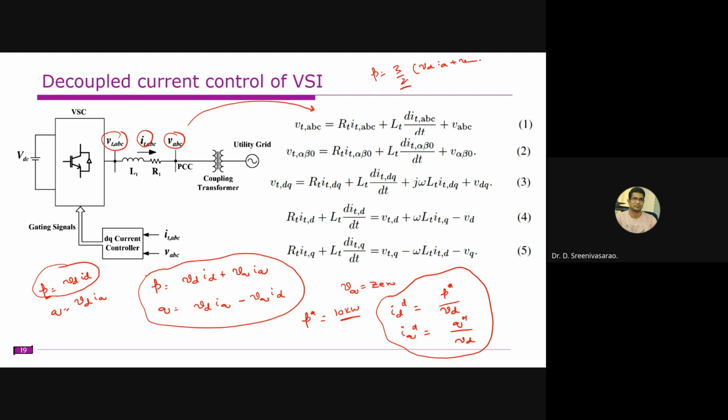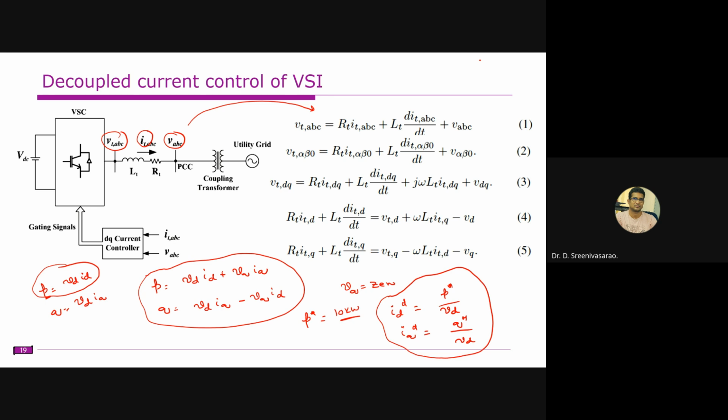This is if you are choosing a different transformation coefficient for the DQ transformation. Anyway, we're not discussing that to avoid confusion. So let us assume that the transformation is done based on the power invariant expressions. So this gives you the ID star and IQ star reference values.